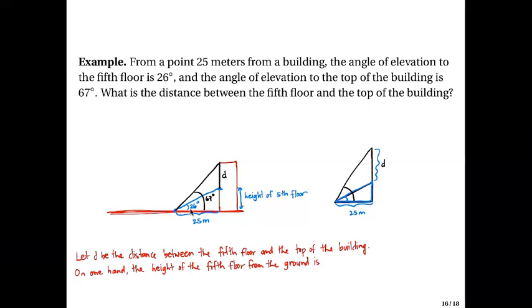This is the opposite of 26 degrees, and you are given the adjacent side. So opposite, adjacent, TOA: tangent of 26 degrees equals the opposite side over the adjacent side. So the height of the fifth floor is 25 tangent of 26 degrees.